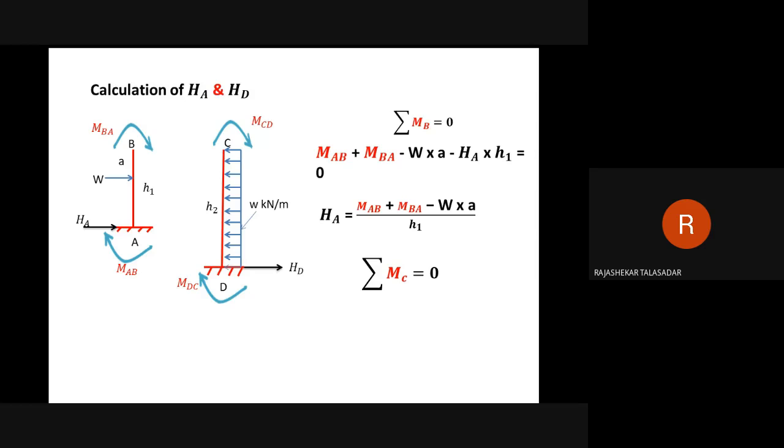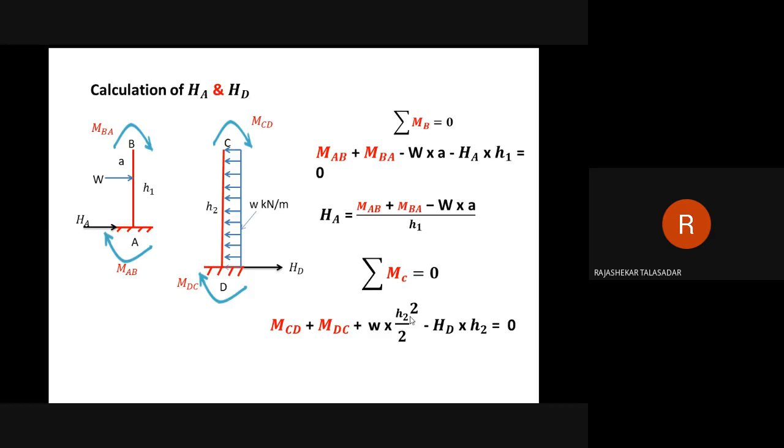Very good. Again here 4 forces: 2 moments, 1 UDL and 1 point. Look at this. Clockwise moments: MCD and MDC are assumed clockwise, plus. This W is towards left, so if you turn towards left and turn towards C, that will cause clockwise. So it is plus W into H2 by 2, that is nothing but W into H2 square by 2.